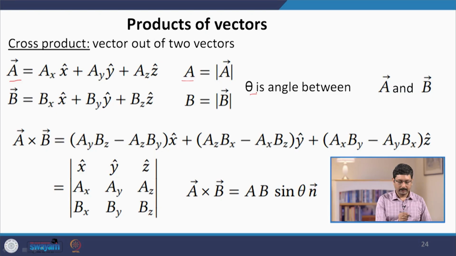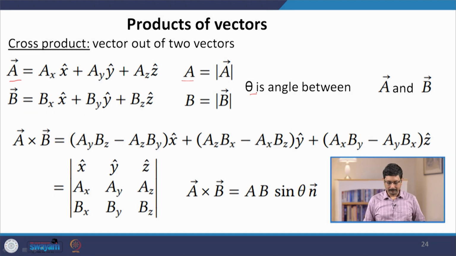Again we take two vectors, A written in terms of the components Ax, Ay, Az, and B again as components, and as before the symbol without arrow represents the magnitude, and similarly for B, and theta is the angle between A and B. Then the rule that gives you the cross product is the following.